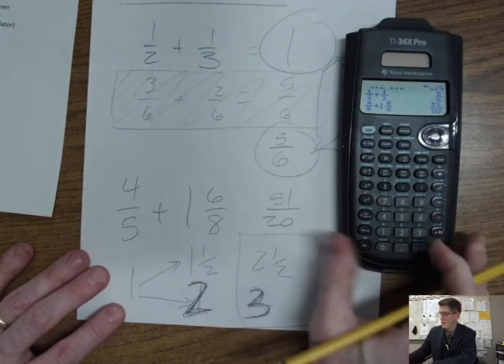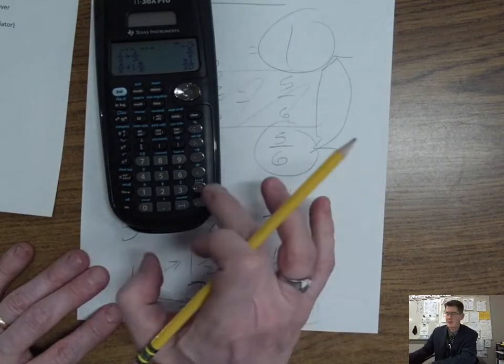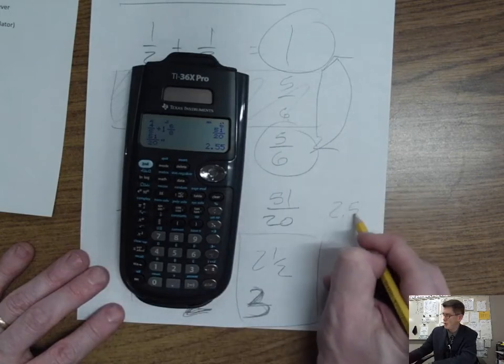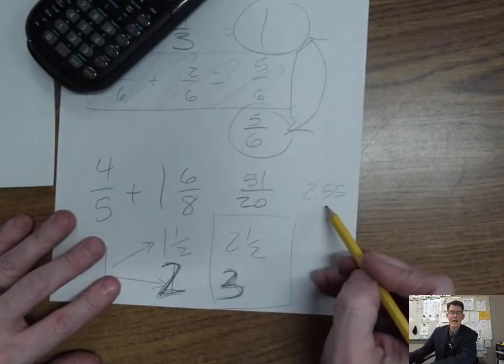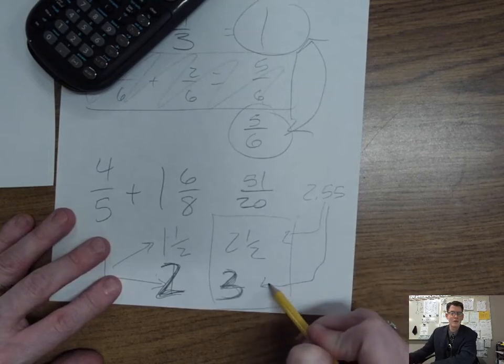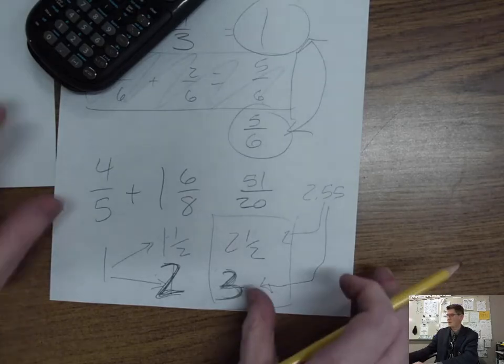And we learned about changing it to a different form if you want. We push this button above the enter, the second button up, and it gives us 2.55. And then we can ask ourselves, is that close to 2.5? Is that close to 3? You can see that our estimates are doing pretty good. Sorry about that.